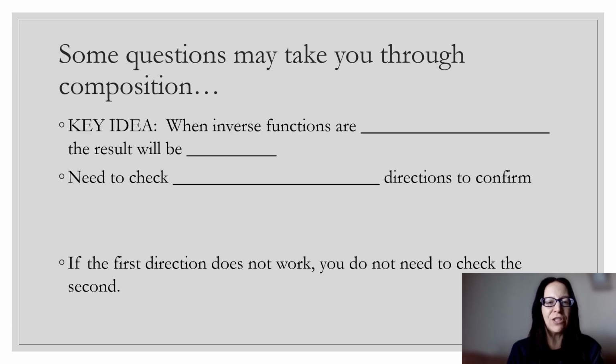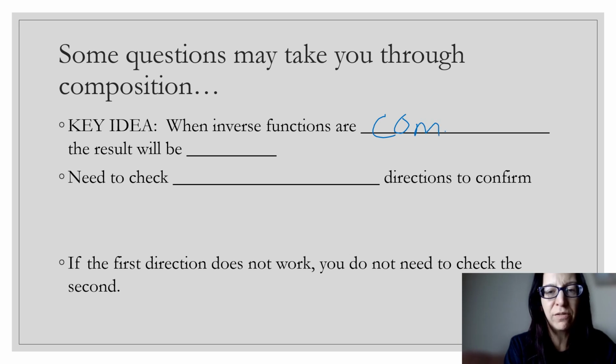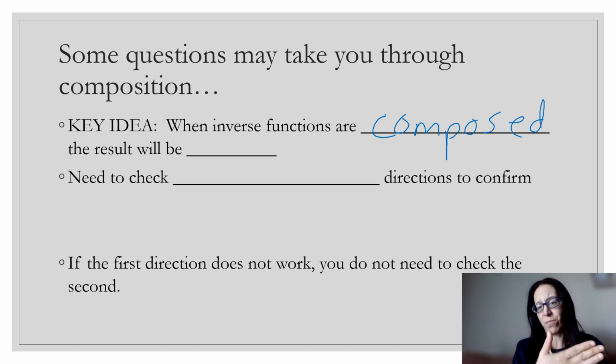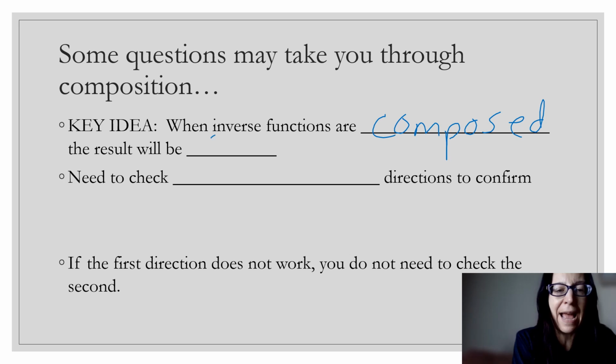Some questions may take you through the composition. That is one of the common ways that we verify that things are inverses. So for our key idea, when inverse functions are composed, I don't even know if that's quite the right verbiage, when you perform composition on them, the result will be x.